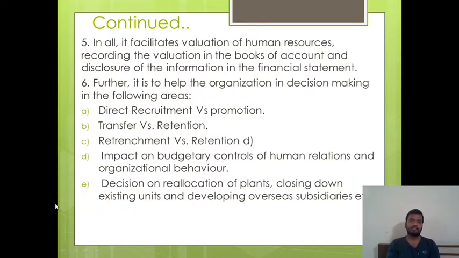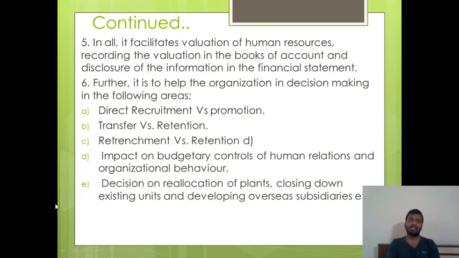The sixth point is, further, to help the organization in decision making in the following areas: direct recruitment versus promotion, transfer versus retention, retrenchment versus retention, impact on budgetary controls of human relations and organizational behavior, decision on reallocation of plants, closing down existing units and developing overseas subsidiaries.